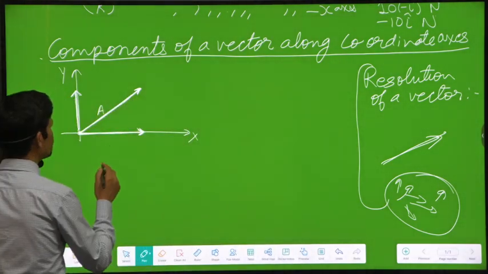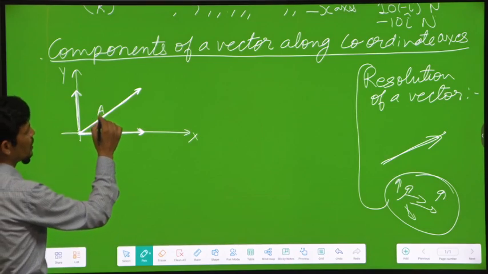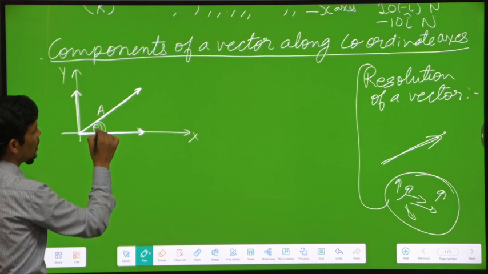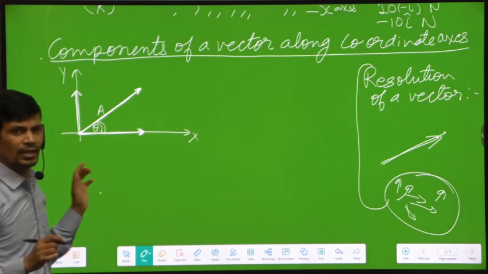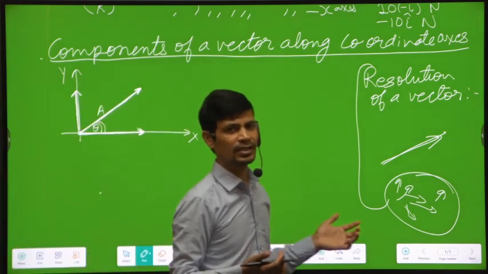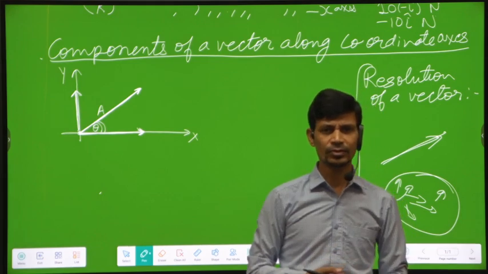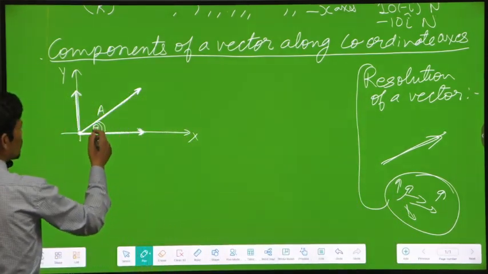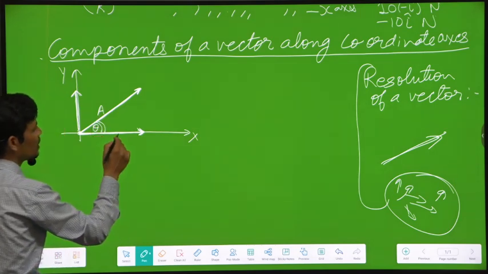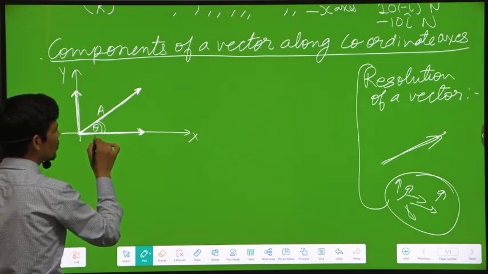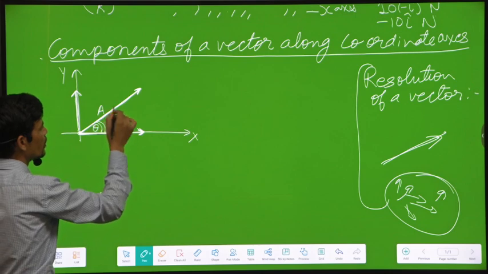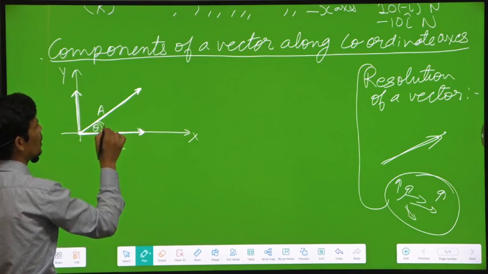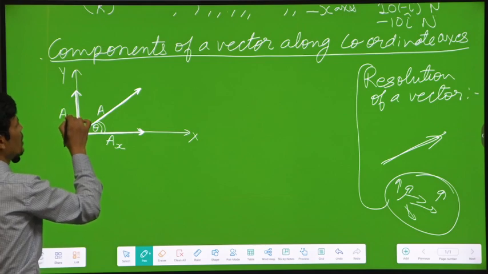So let us suppose there is a vector A and it is at an angle theta with the x-axis. It can be at an angle theta with the y-axis also, no problem with that, but I am taking this case only. So A is at an angle theta with the x-axis, and the component of this vector A along the x-axis is ax, and along the y-axis is ay.